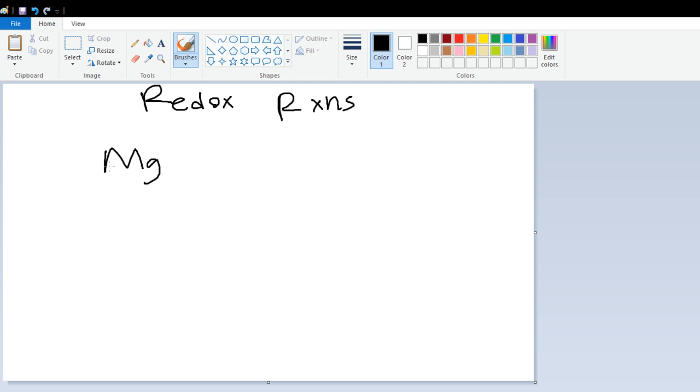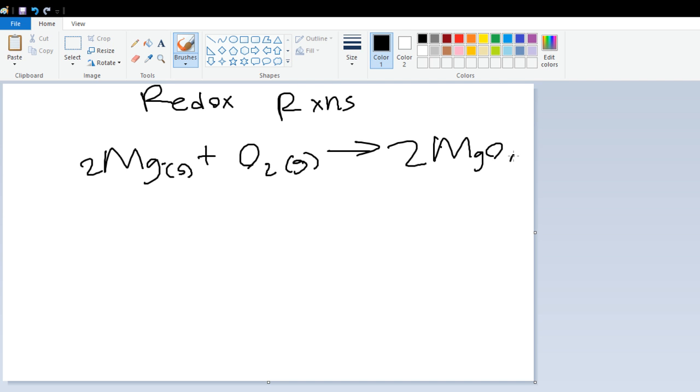So we've got Mg plus O2 into 2 MgO. Now then, both of these on the left are elements, right?